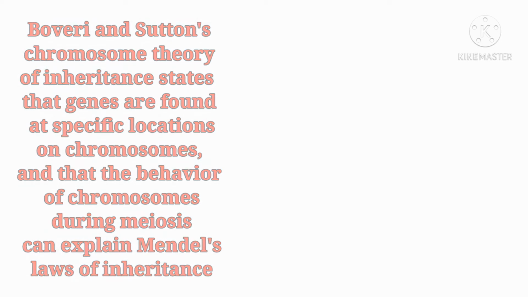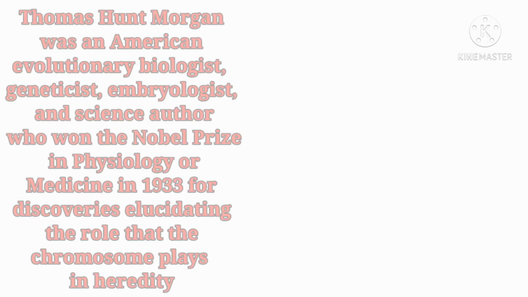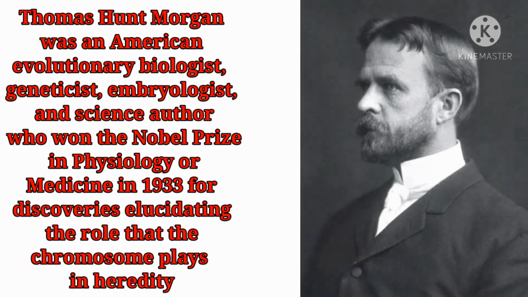So now we will discuss T.H. Morgan's experiment on Drosophila melanogaster, the experimental details. We will discuss the overview of the experiment, which shows the basic information about how the dominant allele works on the recessive allele.